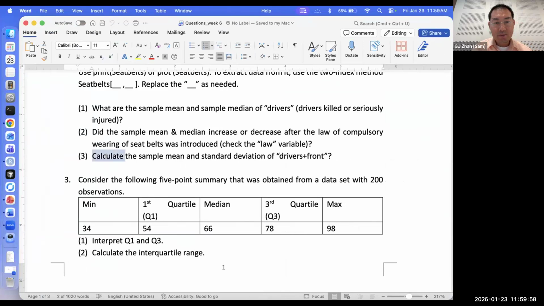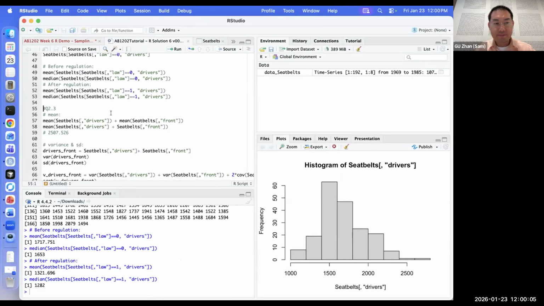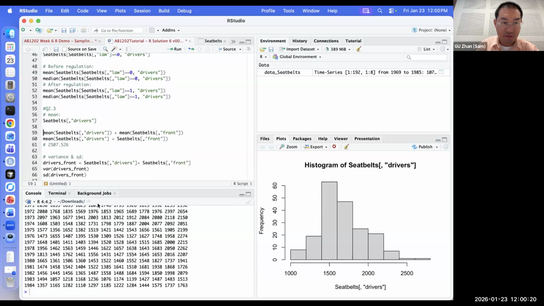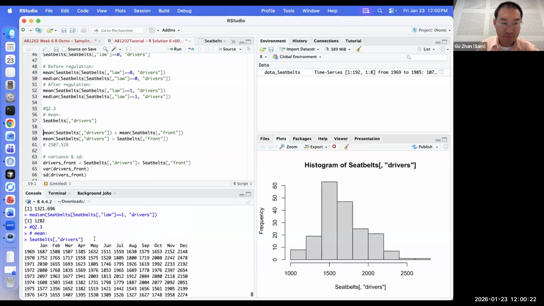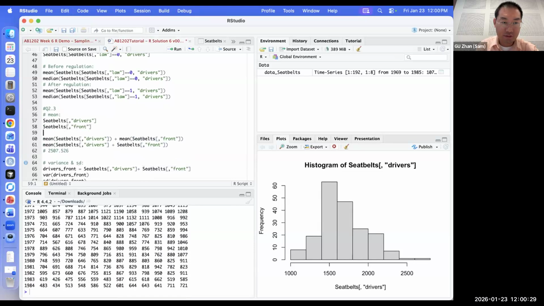Calculate the sample mean and the standard deviation of drivers plus front. Let's have a look at the mean value of drivers plus front. This is the drivers mean value, and this is the front for each year.